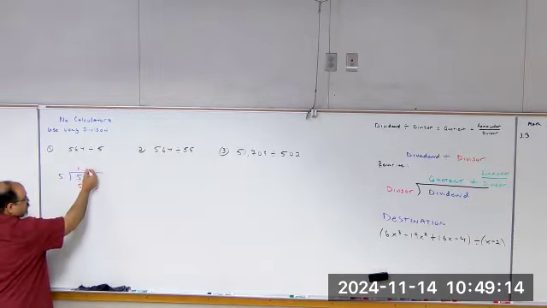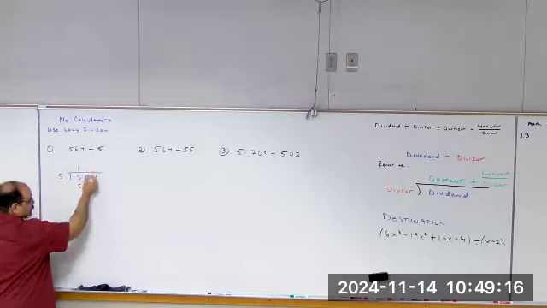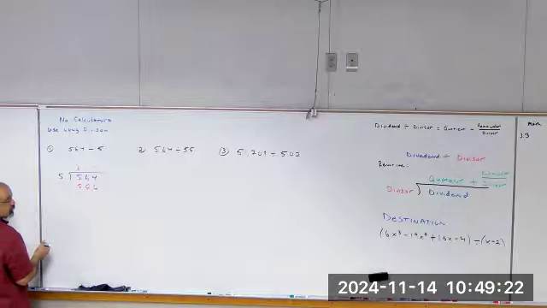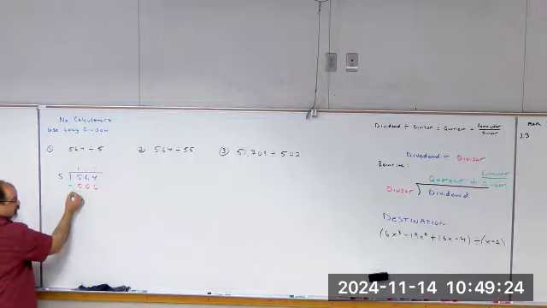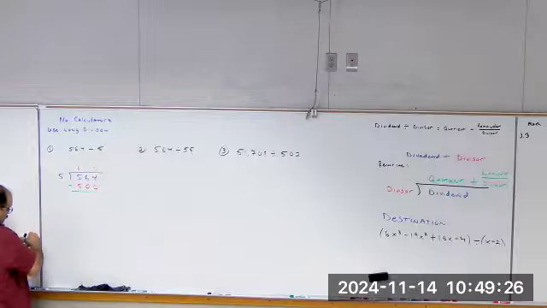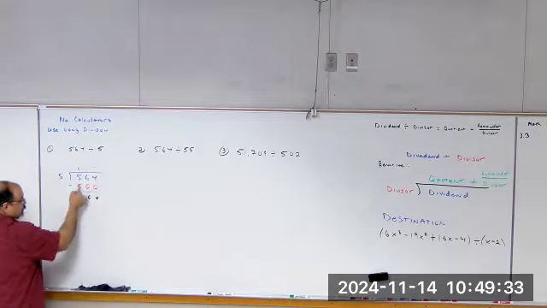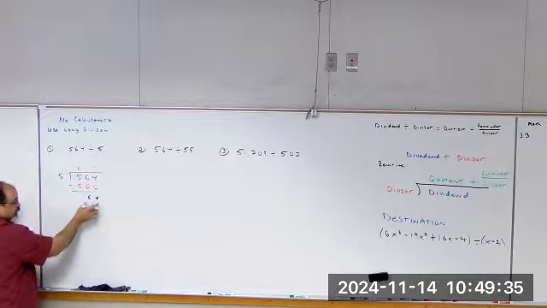What's the next step in long division? We subtract. So when we subtract, we get 4 minus 0, we get 4. 6 minus 0, we get 6. And 5 minus 5 is 0. So we're left with 64.